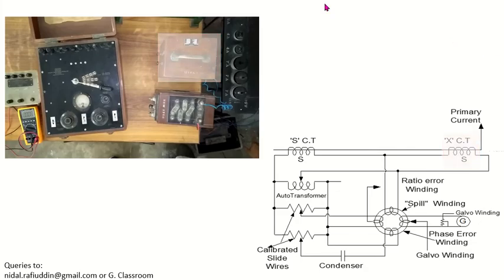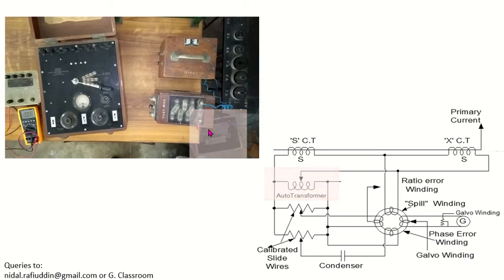If we try to correlate the equipment being used in the experiment with the circuit diagram, this particular thing is the CT under test, and this is the standard CT.